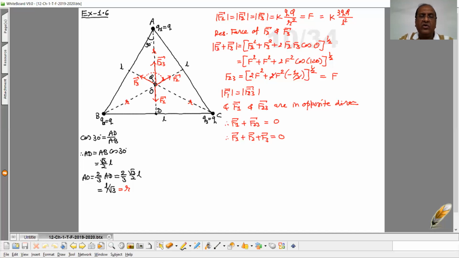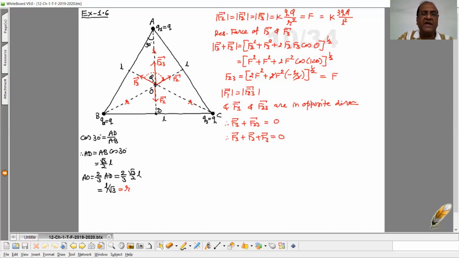Now, the centroid is at an equal distance from each vertex. Suppose that distance is R. So magnitude wise, the force on capital Q by A, by B, and by C is the same.